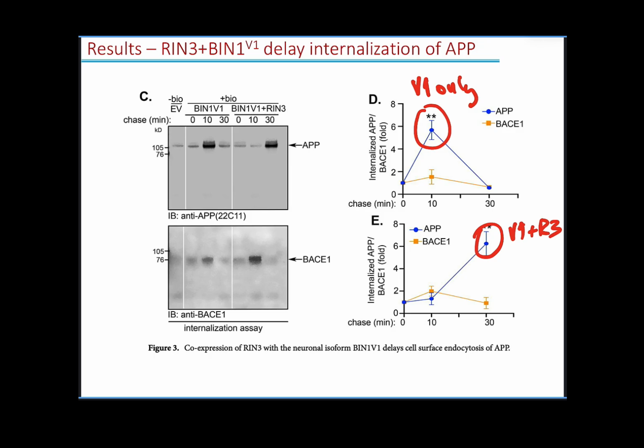And the curves for BACE are very similar in both cases, with a slight increase after 10 minutes and then a drop at 30. So what the authors conclude from this is that co-expression of Rin3 with V1 delays cell surface endocytosis of APP.